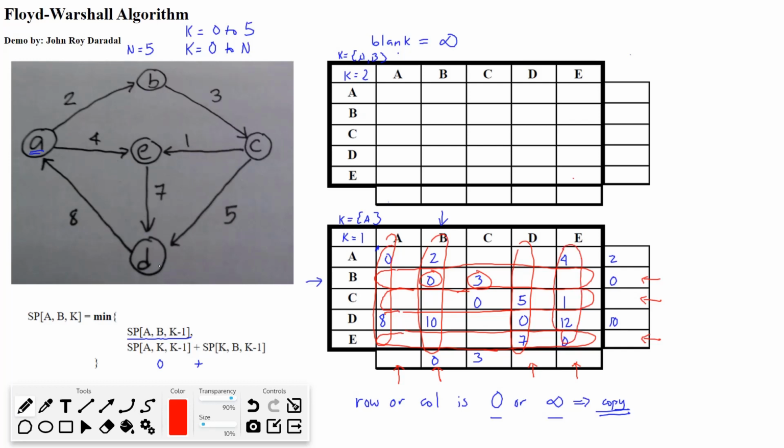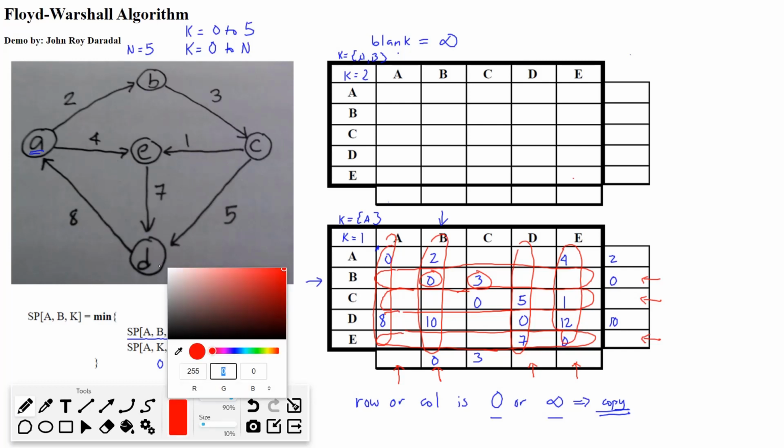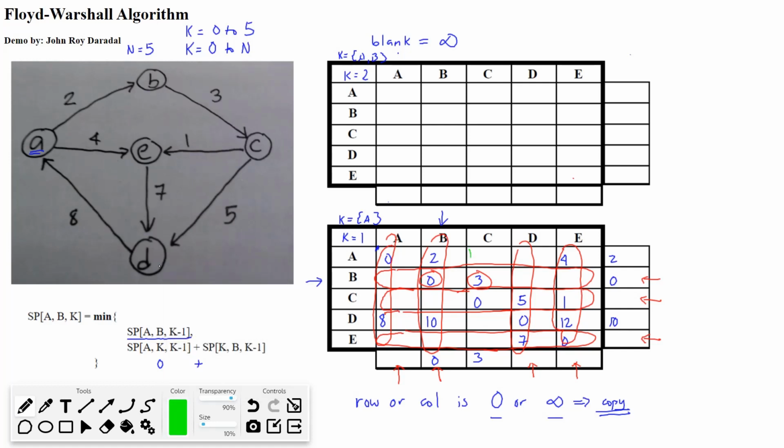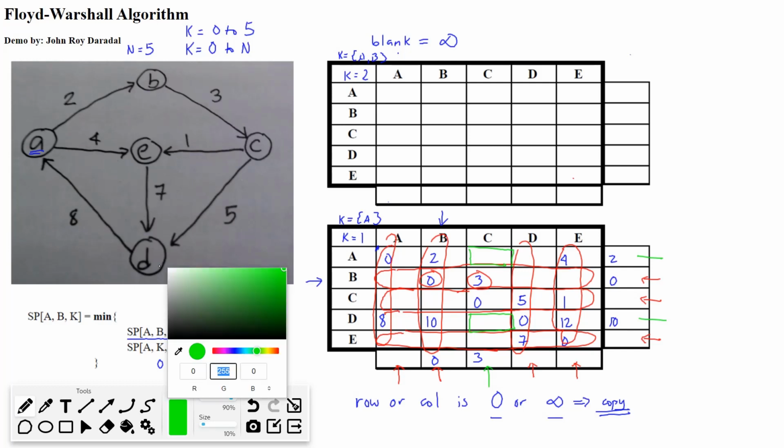So actually, the only thing that would be different would be this one, right? This cell plus this cell, because in this column here, it's only this row and this row that's not 0 or infinity. So we'll only need to check these two cells here for the comparison.